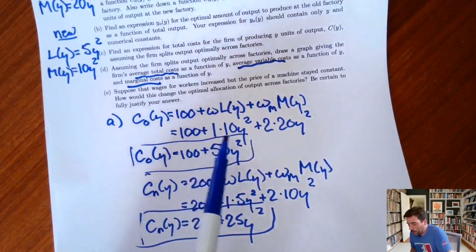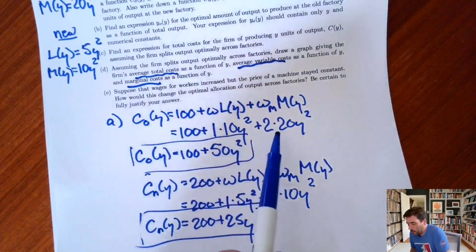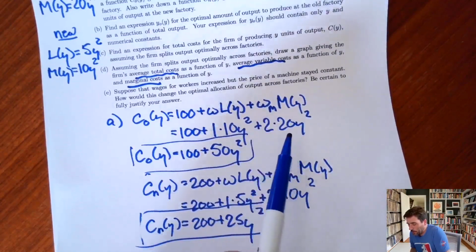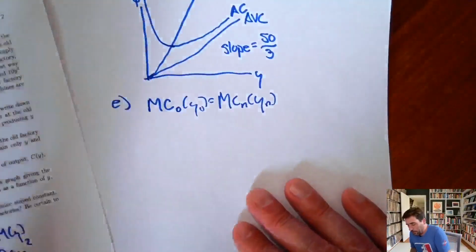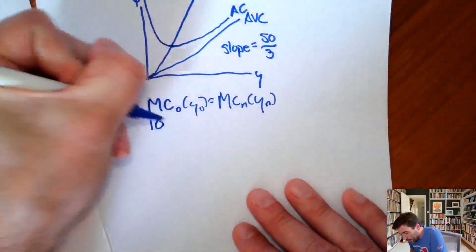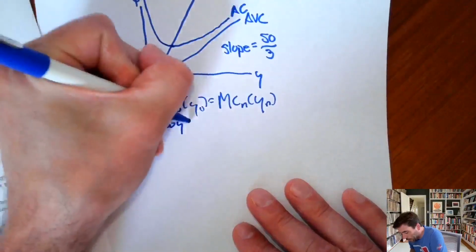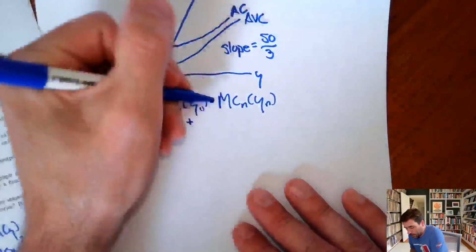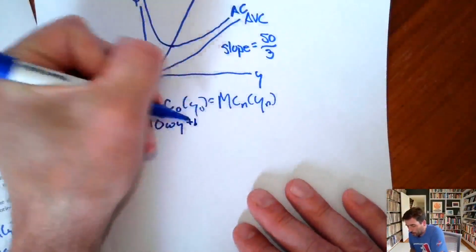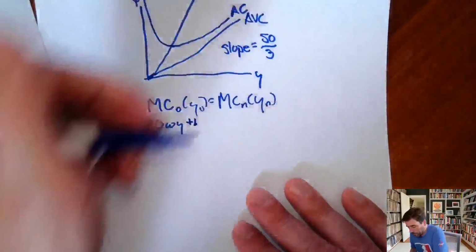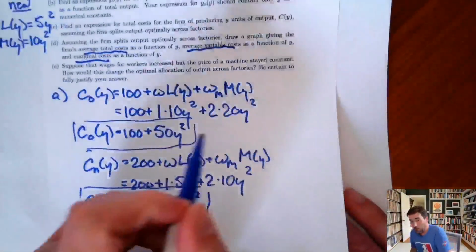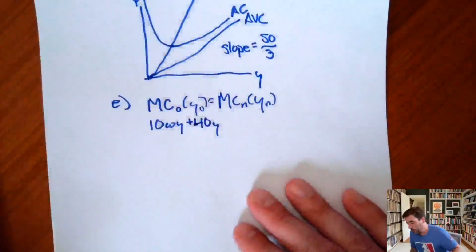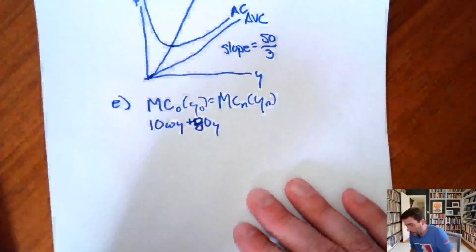So I'm going to do w times 10y squared plus w times 2 times 20y squared, all right? So when I take the derivative, I'm going to have 10wy plus my 40y. That's going to come from that 40y squared term, right? Oops, that should be 80y.